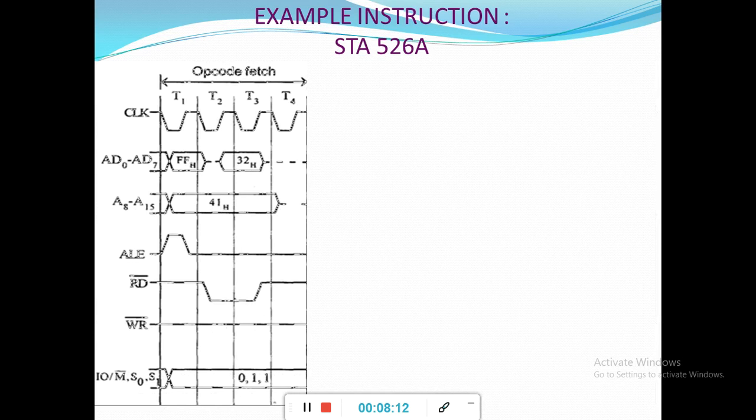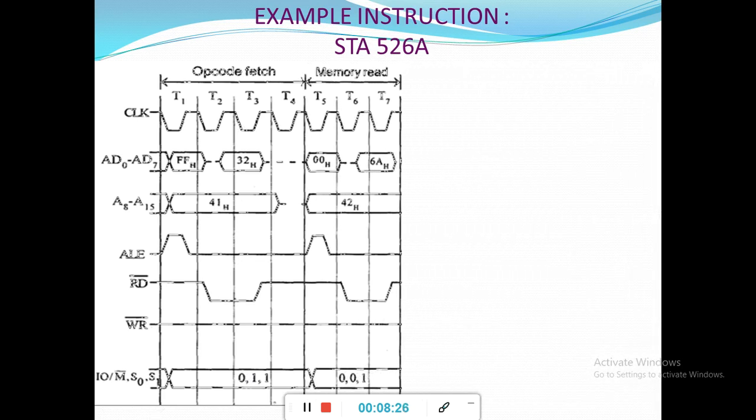The same is the case for the STA instruction. This is the opcode fetch part. IO/M bar is 0 and S0 S1 are 1, and the same instruction is written here. When the memory read comes here, check this, T5 T6 T7, here it is 4 8 6 8, and the same is divided, 5 6 A is divided into these two, actually it is 42.